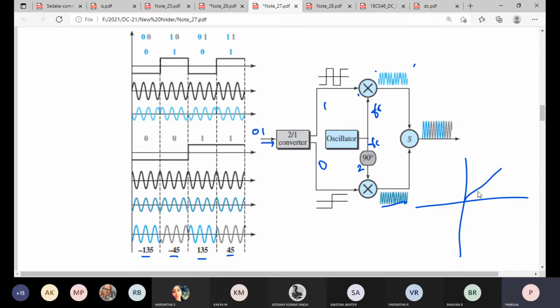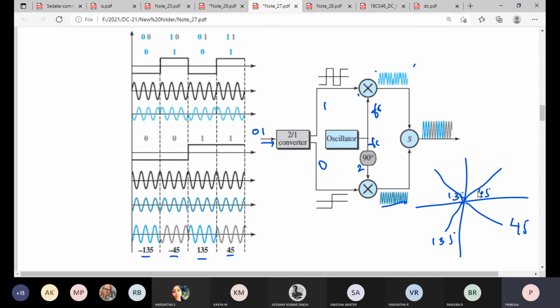Maybe this is 90 degree. Consider somewhere you will get plus 135, then minus 135 and minus 45. So this is how your signal is going to change its phase with different degrees while maintaining the amplitude and frequency the same.